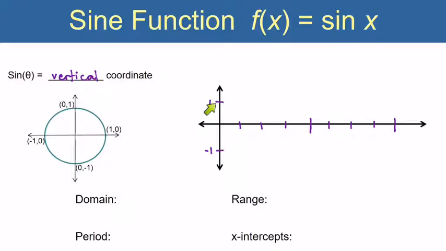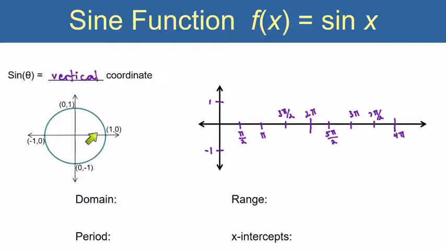And of course, you can see from the unit circle that the y coordinate is never going to get bigger than 1 or less than -1. So let's label our x-axis, every pi over 2. So pi over 2 plus another pi over 2 puts us at pi, then 3 pi over 2, then 2 pi, and so on.